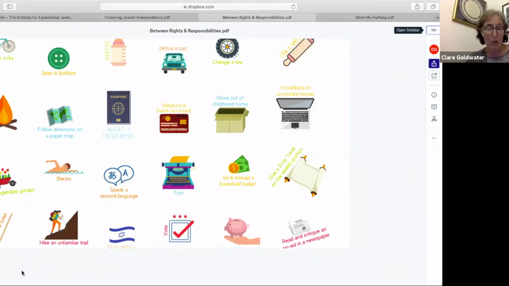But what I want you to do quickly is to pick one of these skills that provides you with some kind of independence. Just choose one that you think you have, that somebody gave you or helped you achieve at some point. I'm going to ask you to say what it is and to say one sentence about becoming independent with that skill.